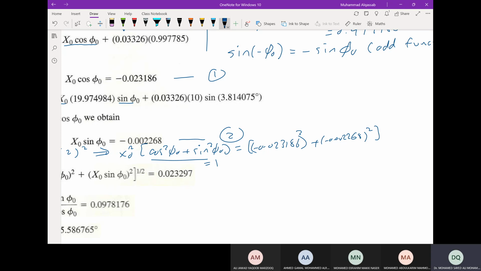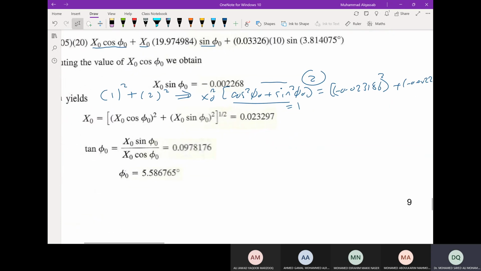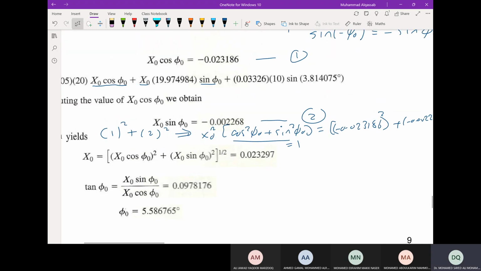You can get x0 from here. So x0 is the square root of this, and this is the first constant obtained this way.